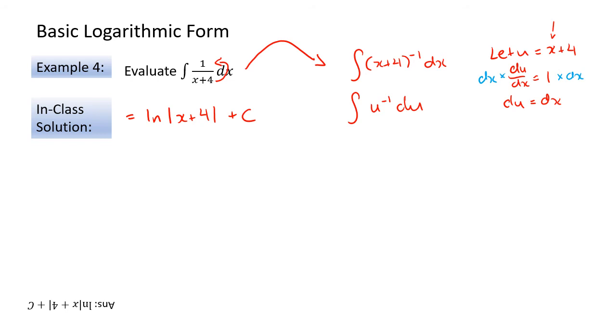Following the power rule for that, we would get u to the -1 plus 1 divided by, again, that same exponent, -1 plus 1, plus a constant. Well, -1 plus 1 is 0, so we get u to the 0 divided by 0 plus a constant. You can't have that. You can't have a function divided by 0.